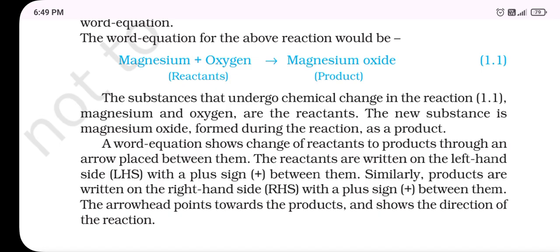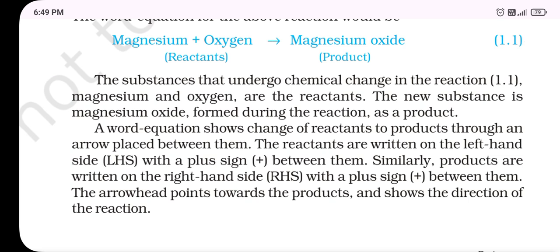It says a word equation shows change of reactants to products through an arrow placed between them. The reactants are written on the left hand side, that's called LHS, with a plus sign between them.